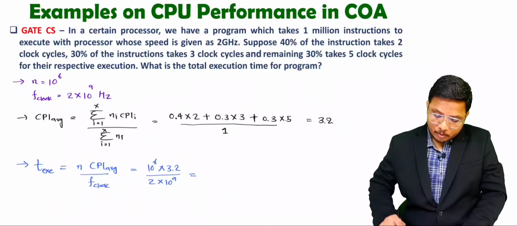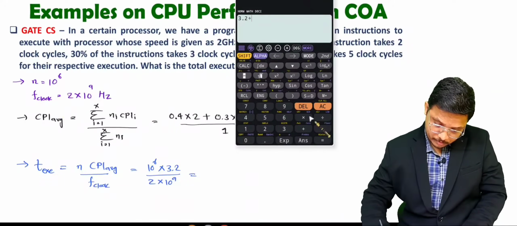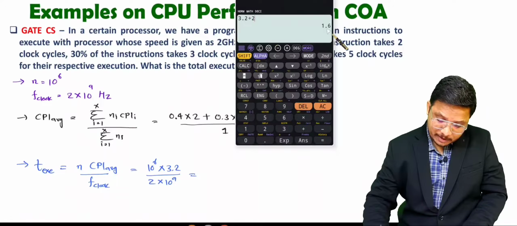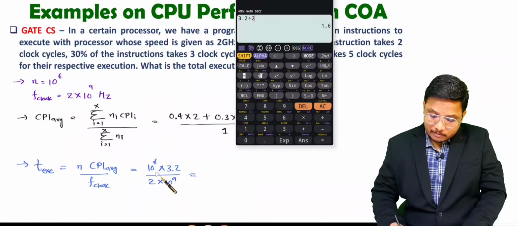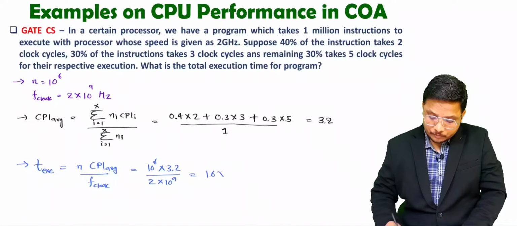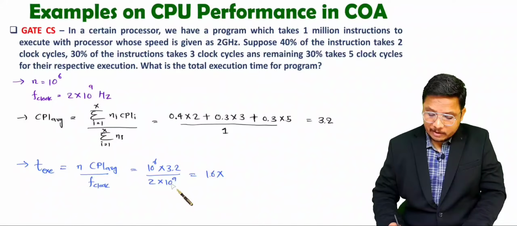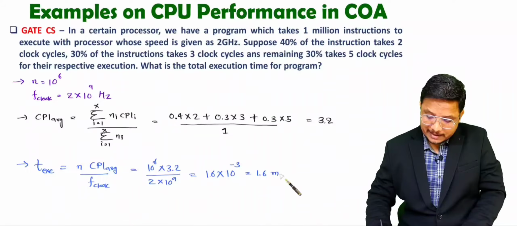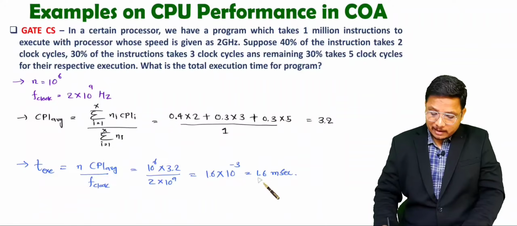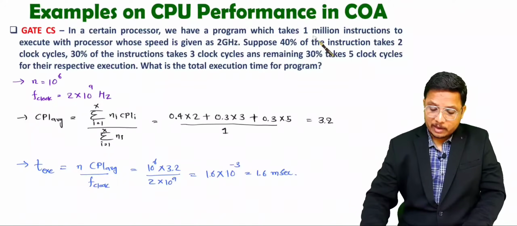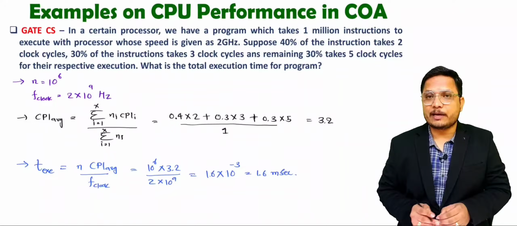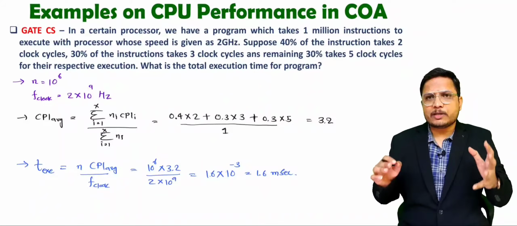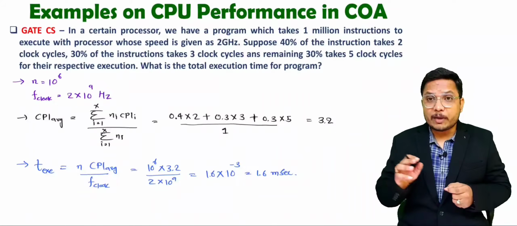So execution time will be 3.2 divided by 2, that is 1.6, and 1.6 into 10 to the power 6 divided by 10 to the power 9, that is 10 to the power minus 3. So you can say 1.6 millisecond will be the execution time for a program having 1 million instructions over here, right? This is how questions will definitely come in competitive examinations. You should be ready.